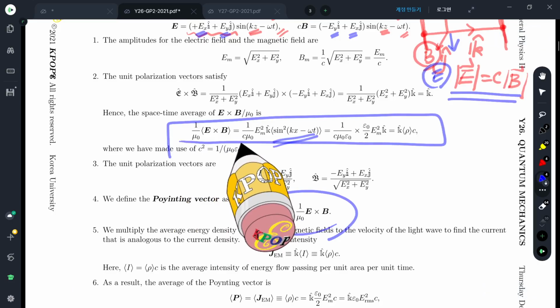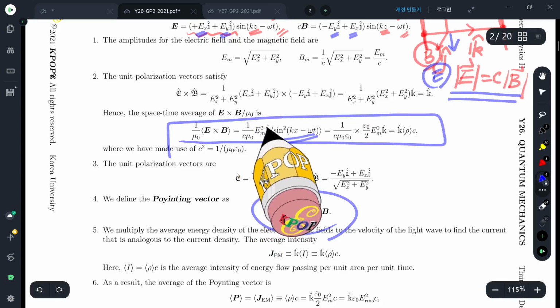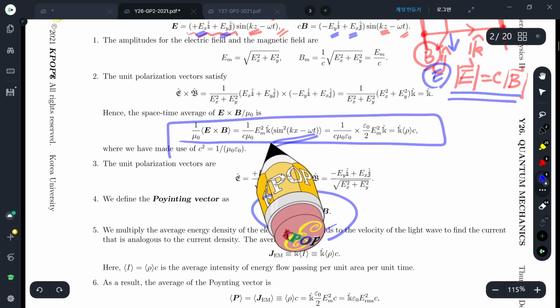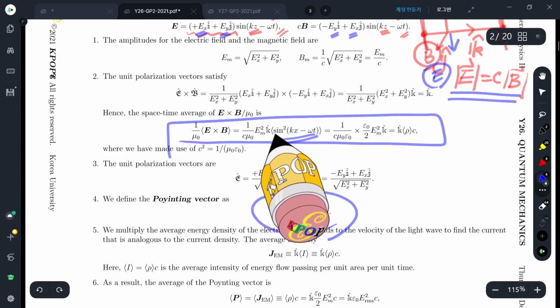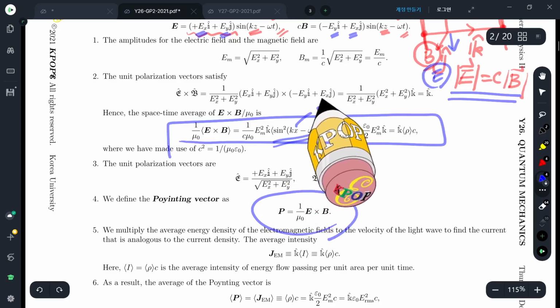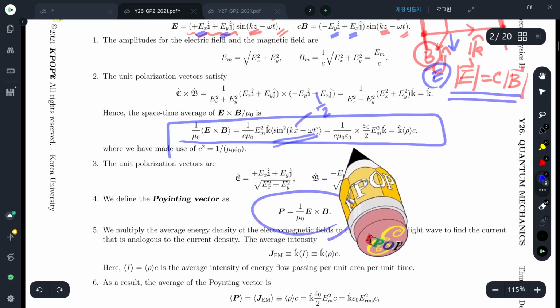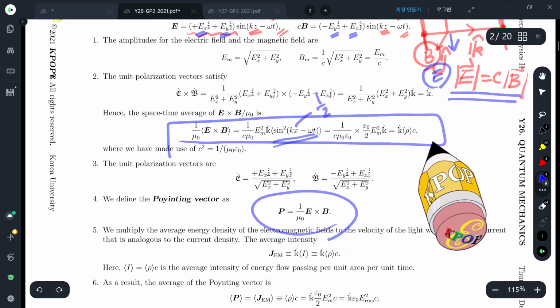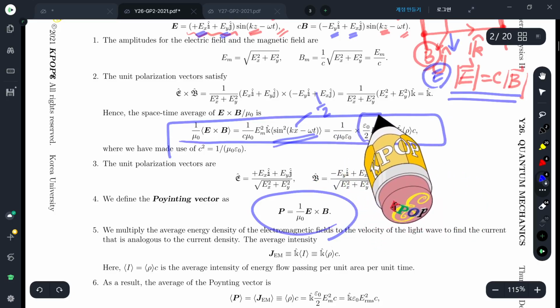Then the magnitude is E_m squared, the electric field amplitude squared, and the direction of propagation k hat appears in here, and this average becomes 1/2. The final result is in this form, and we are familiar with this.